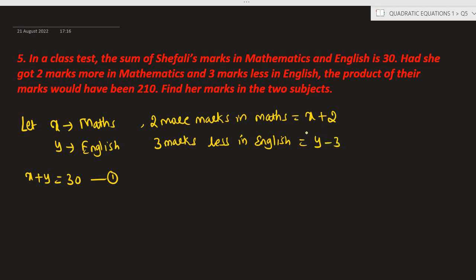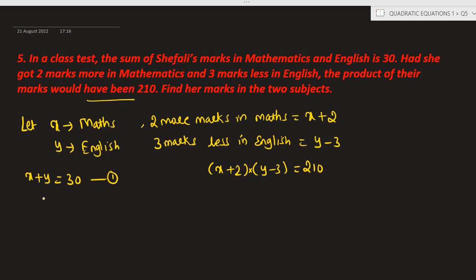The product of their marks would have been 210. See what he is asking in the problem: X plus 2 into the bracket Y minus 3. When we multiply them, we get 210.